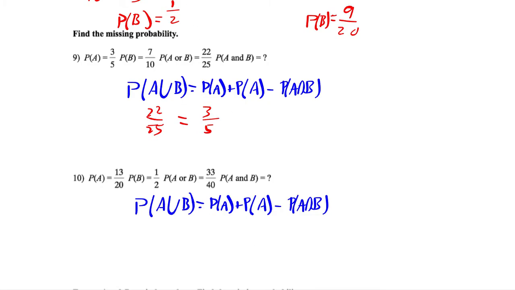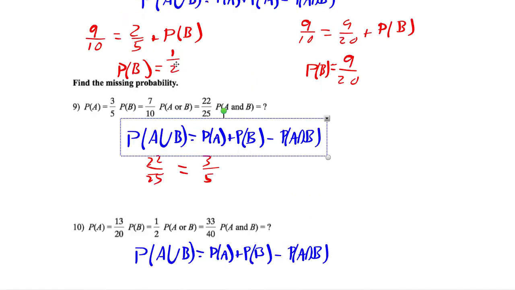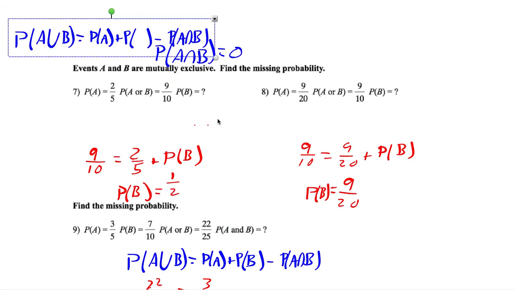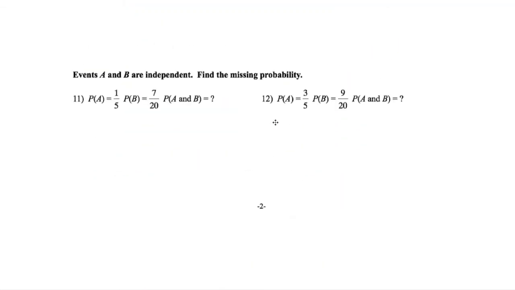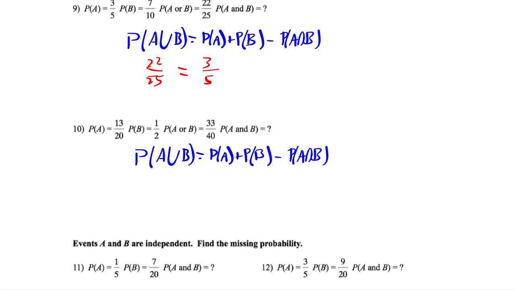Whoops, this should be probability B. Okay, fix the formula. So probability A plus 7/10 minus probability of A and B, which is what we are looking for.